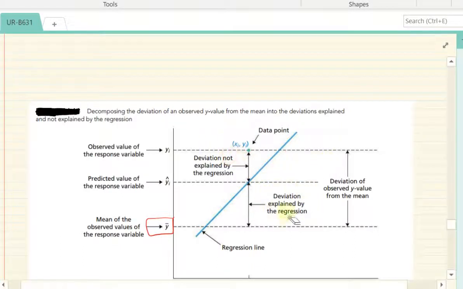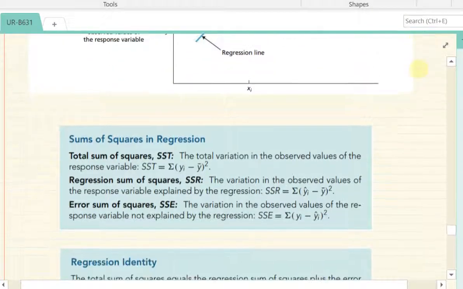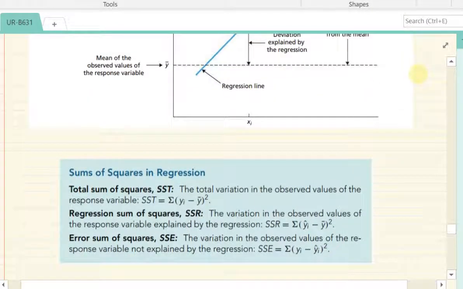Okay, and let's see, let's go further. So these deviations become squared, and they're called square deviations. And because we look at these deviations for the entire data set, not just one observation, we add them up. Okay, when we add them up, then we have their sums, and we square them, because if we don't, again, they just add to 0.